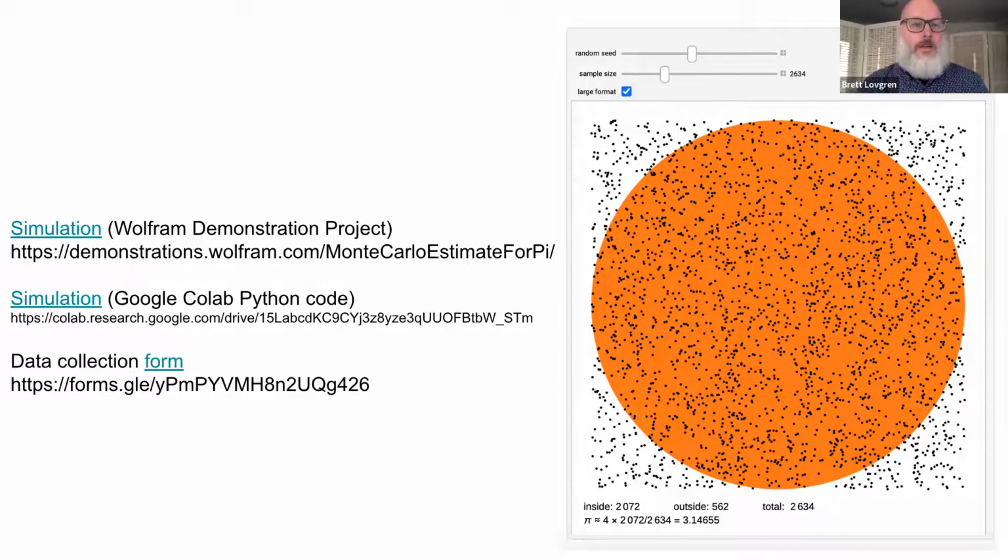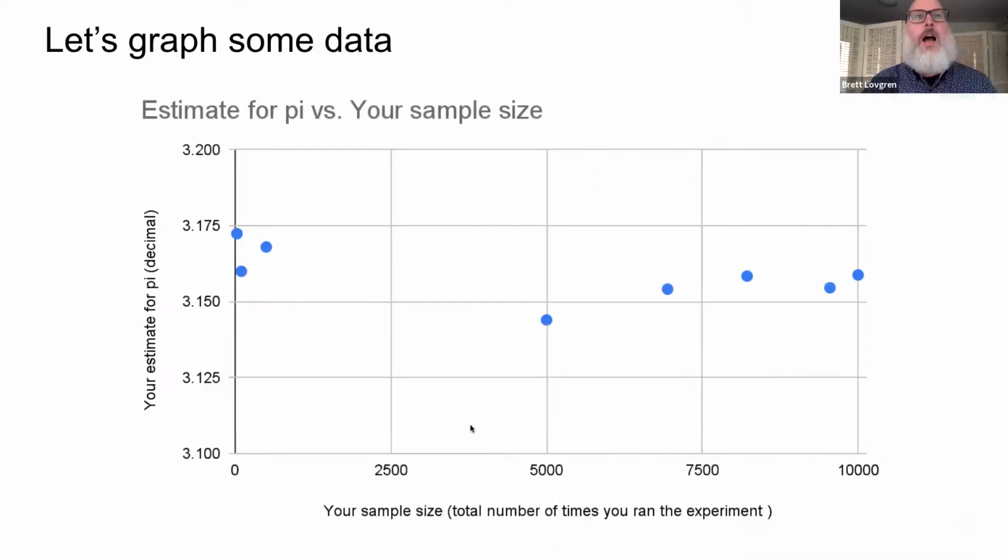And then you can also fill in this form if you'd like, copy that in. And so you can contribute to the estimate for pi.